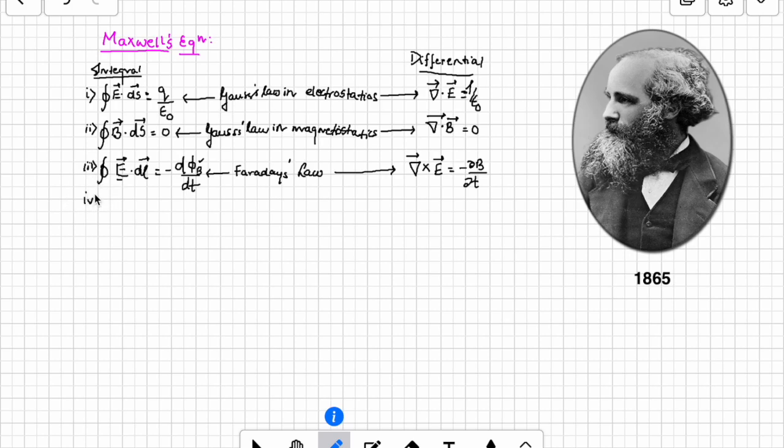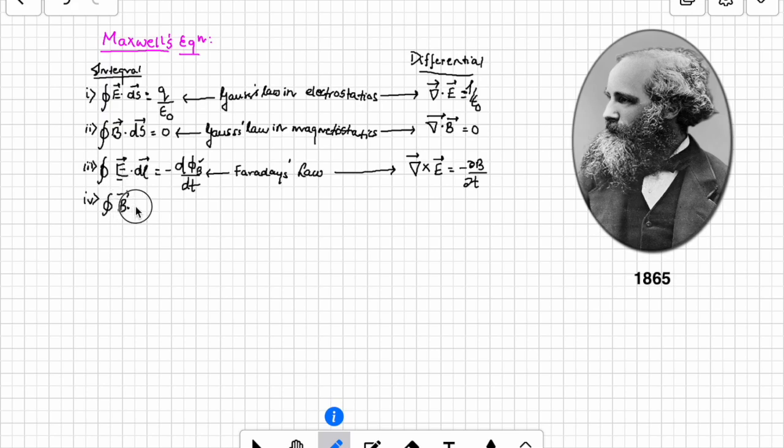And the fourth one, which is Ampere's law, was in fact modified by Maxwell, who gave the concept of displacement current here, and we can write down this modified law as the fourth expression.